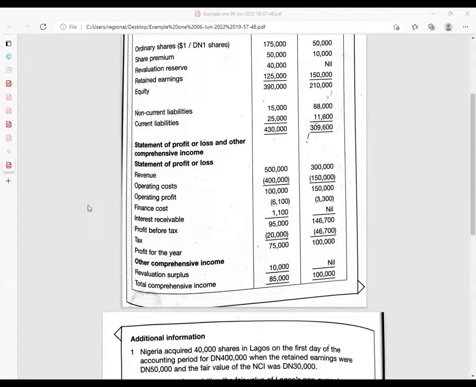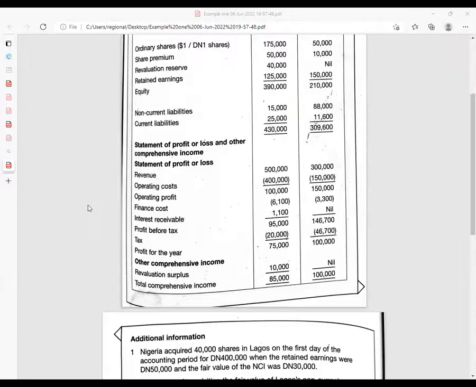So we have their revenue, their operating costs, then we have operating profit. I'm just following everything there. I have finance cost.